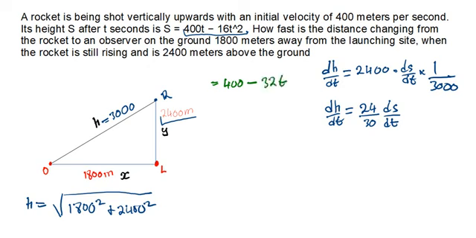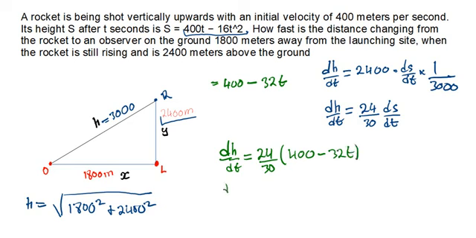So our dh/dt is equal to 24 over 30 multiplied by 400 minus 32t.